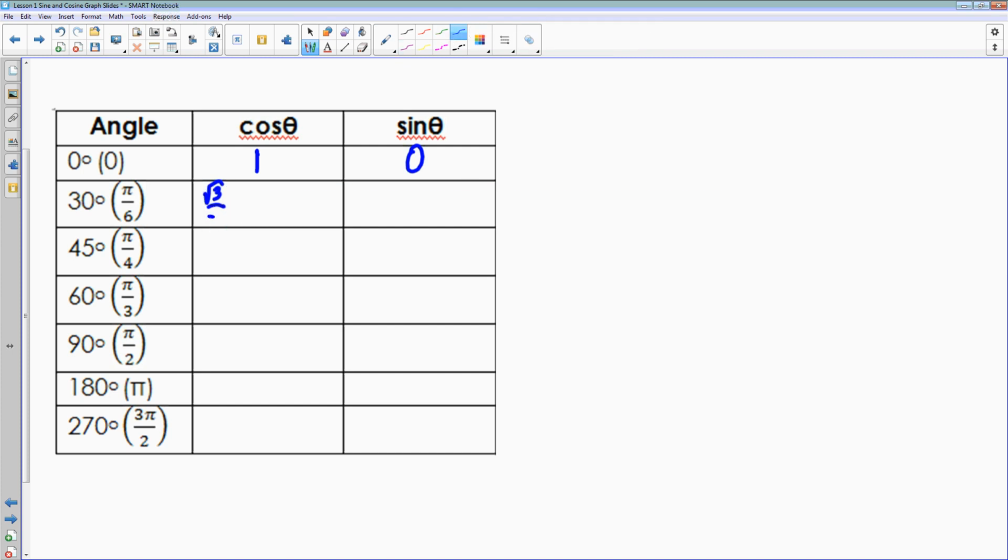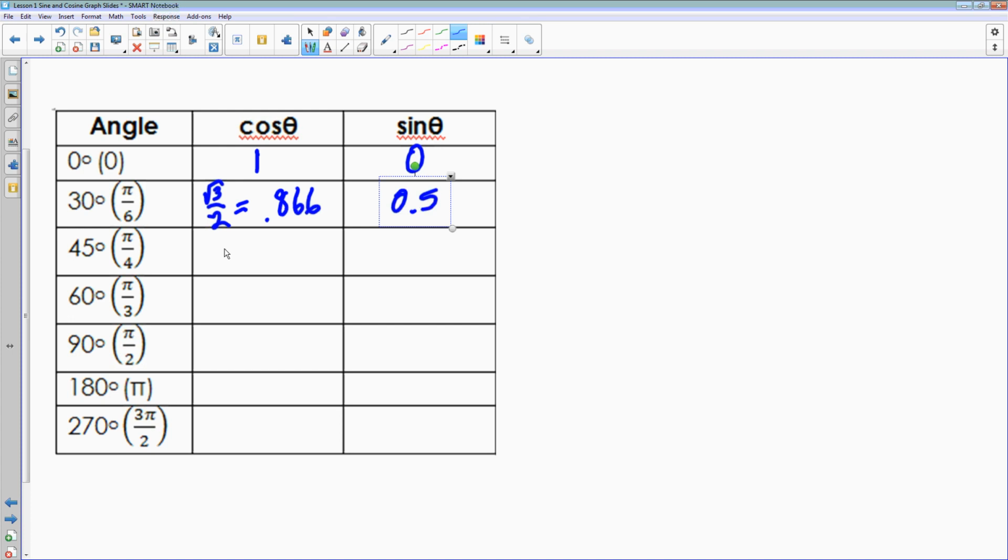However, we're going to change that to a decimal so that we can actually figure out the value of it. So root 3 over 2 is 0.866.